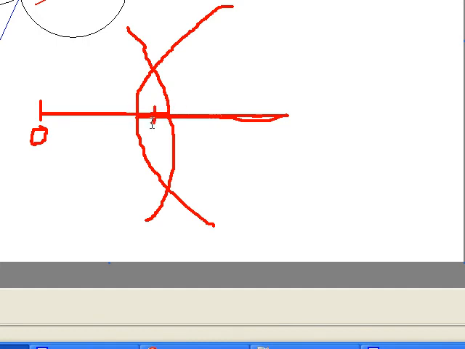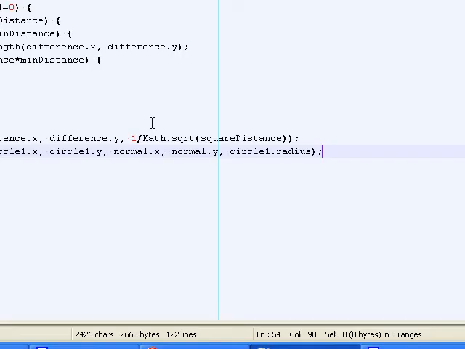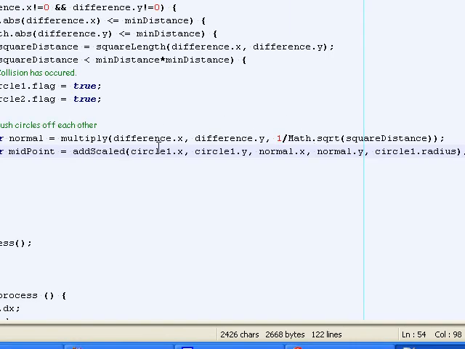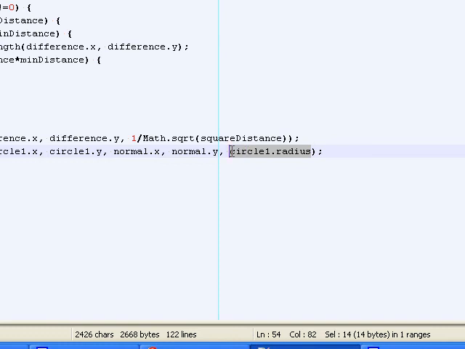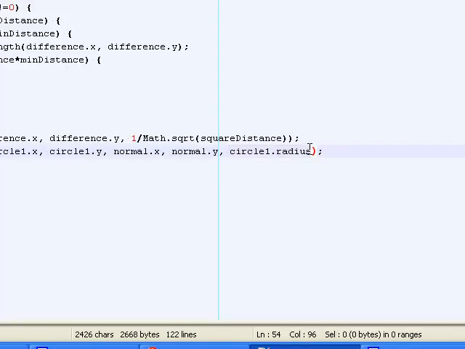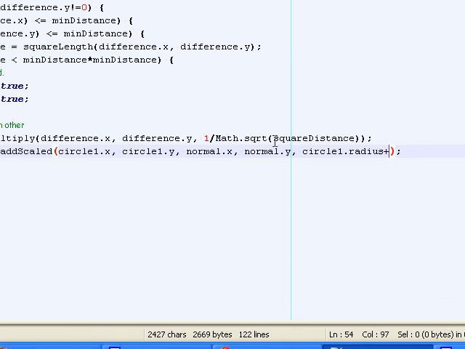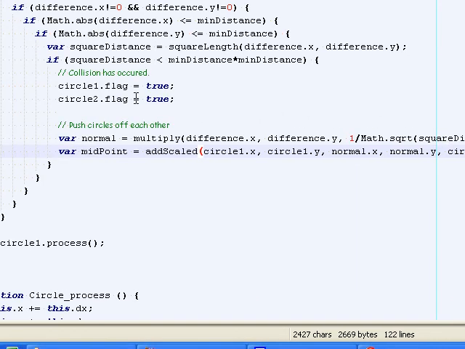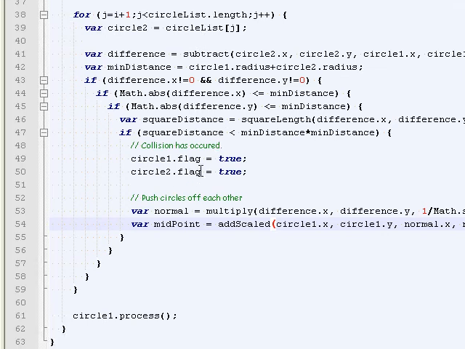Right. So okay, circle 1 radius plus that other thing. What was it? Distance. Okay, so it looks like we actually need the distance.